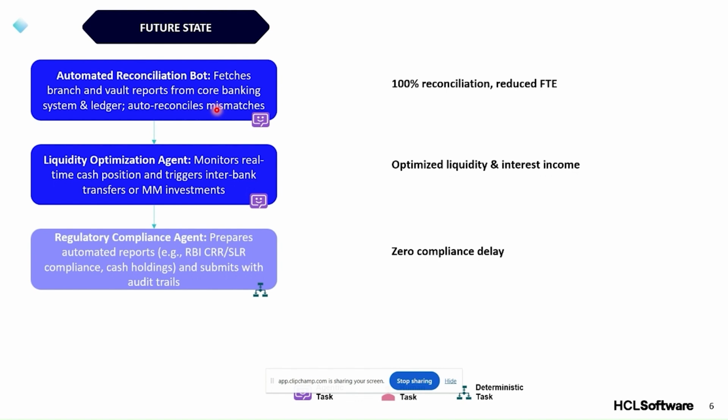The whole thing is also optimized to identify the real-time cash position, taking into account all the interbank transfers and the investments done that day. Finally, the regulatory reports will be sent to the Reserve Bank along with the audit trail of all the records.